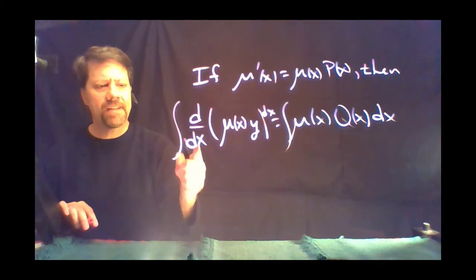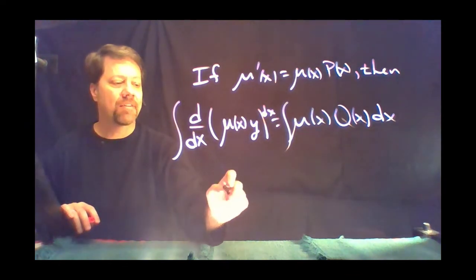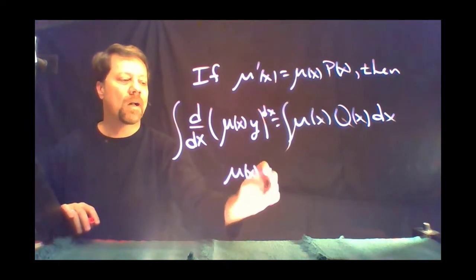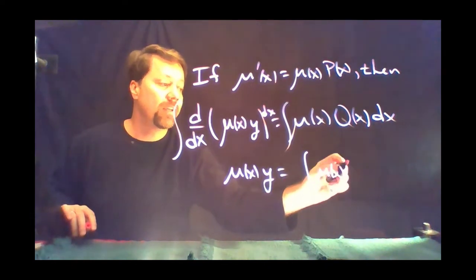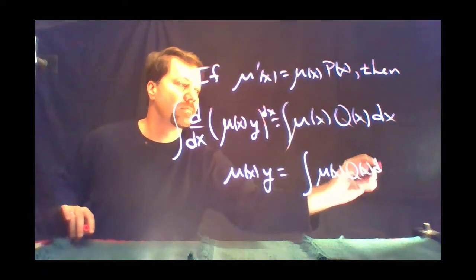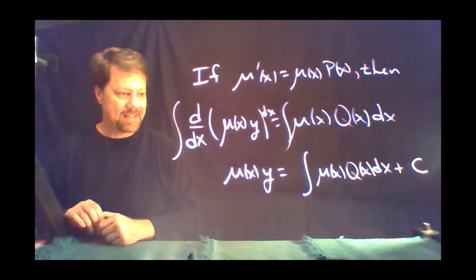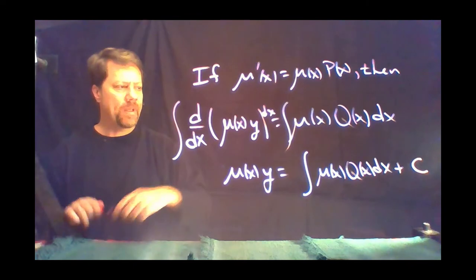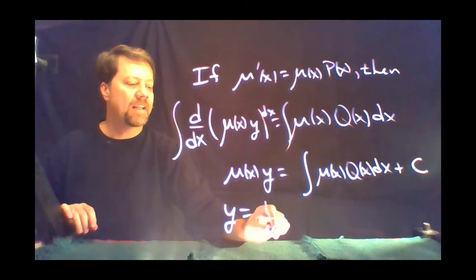On the left-hand side, we're integrating a derivative, which exactly cancels out. And so we get mu of x times y is whatever the integral is over here. And I'll emphasize that we get a constant of integration.